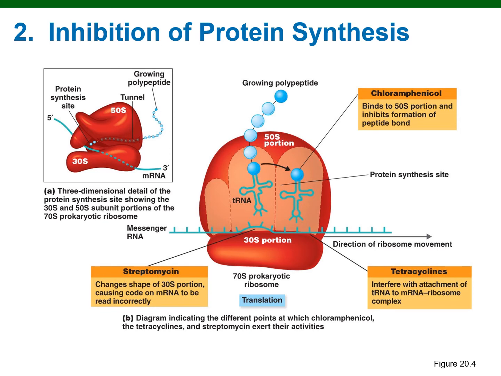A second class of antibiotics are the protein synthesis inhibitors. And these protein synthesis inhibitors work on the ribosome.